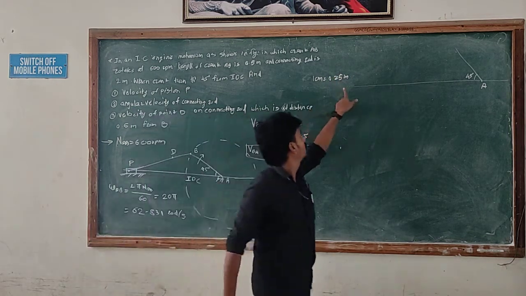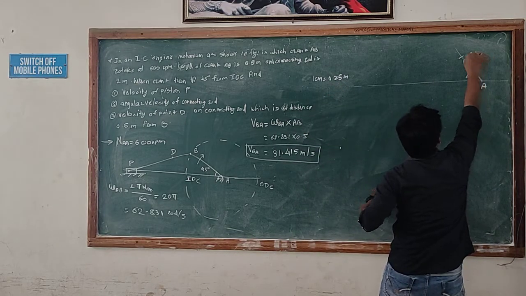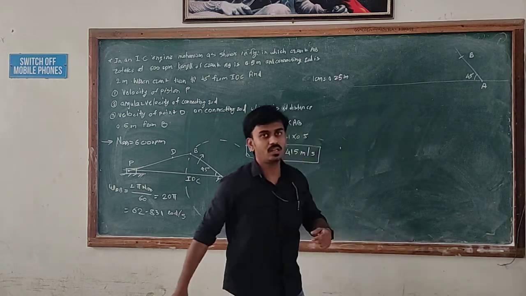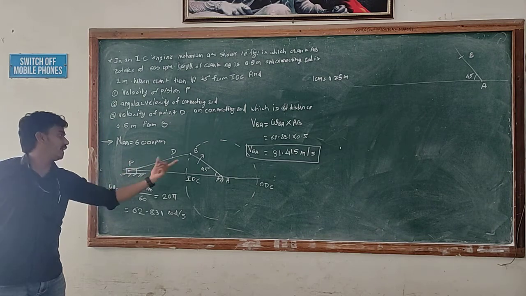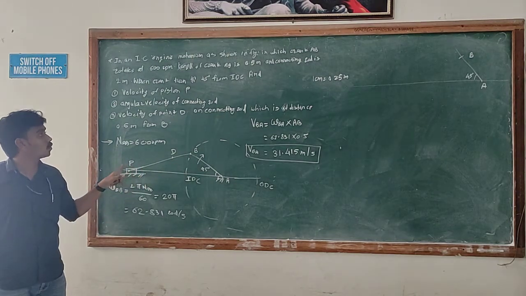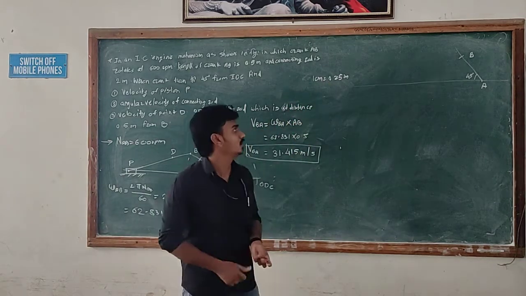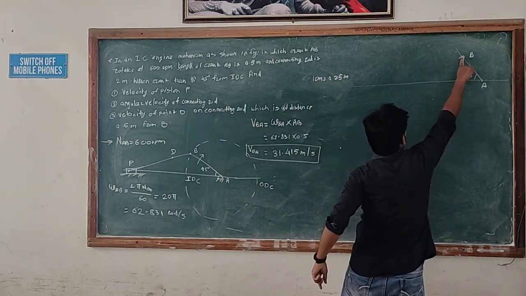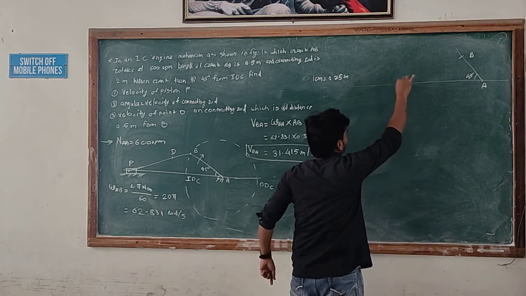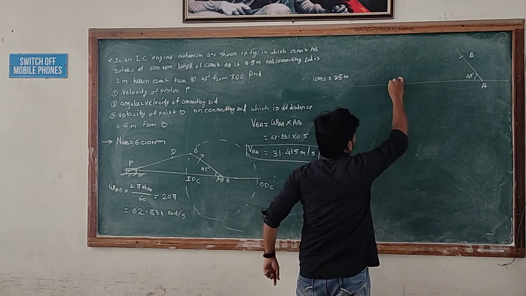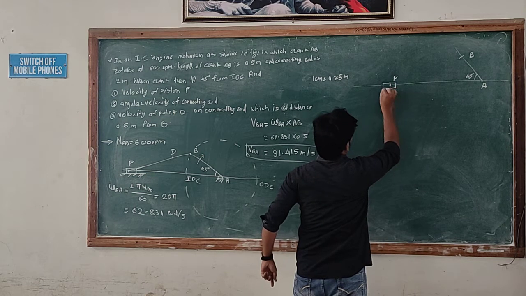So mark this point as B, which is at 2 centimeters from the point A. Now the length of connecting rod BP is 2 meter, so it becomes 8 centimeter. From point B, mark an arc at 8 centimeter from B on this horizontal line, and suppose this is the point P.